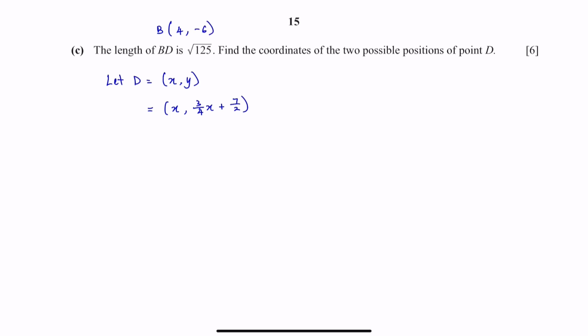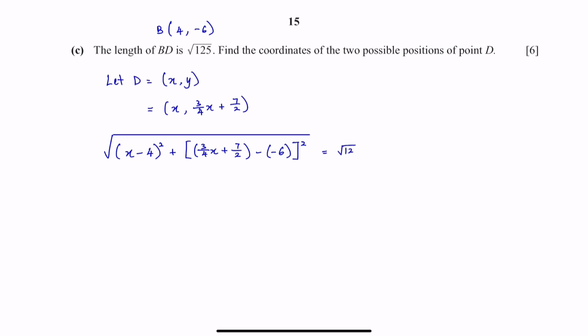So now we just have to plug it into the formula for the distance of 2 points, which is the first x point minus the second x point, squared, plus the first y point minus the second y value, squared, square root the whole thing, equals root 125.